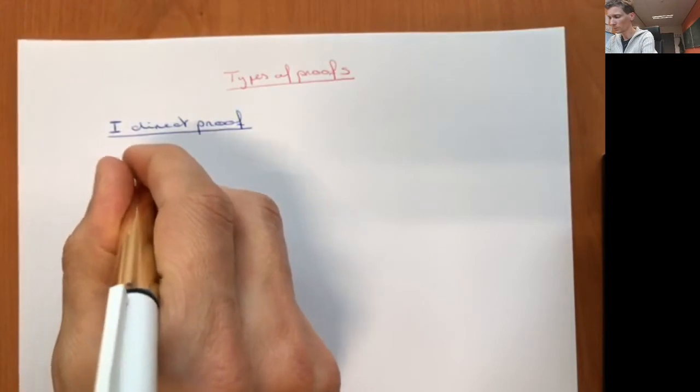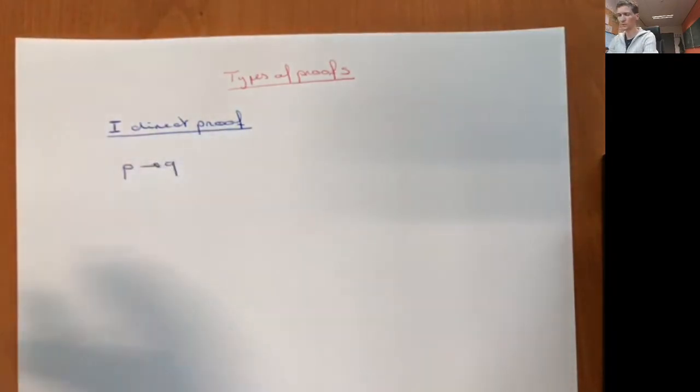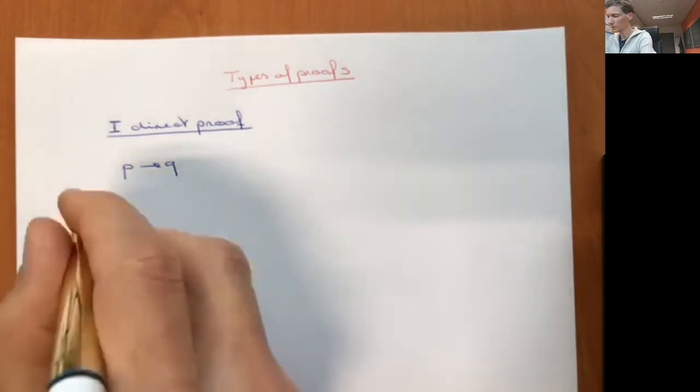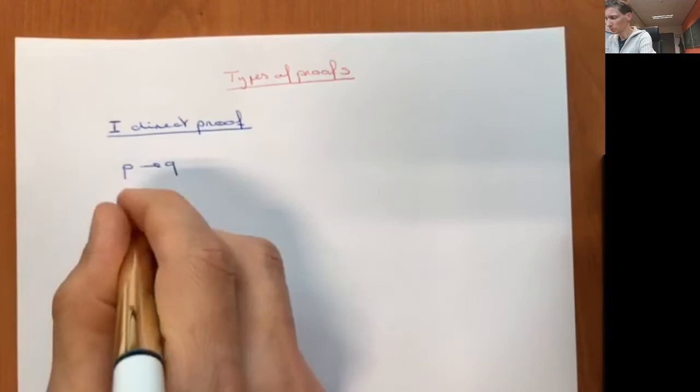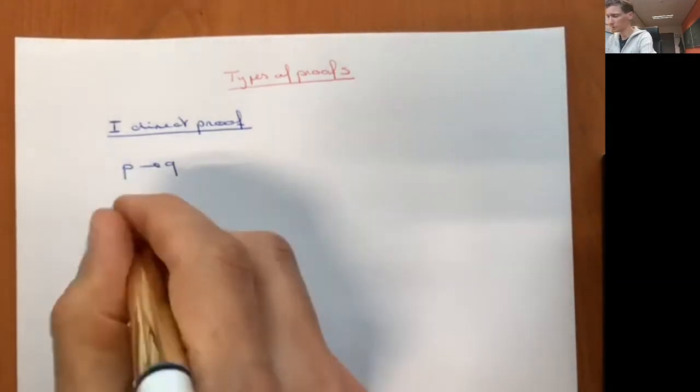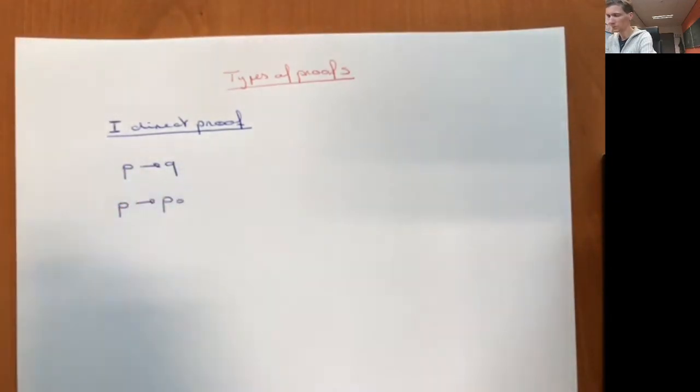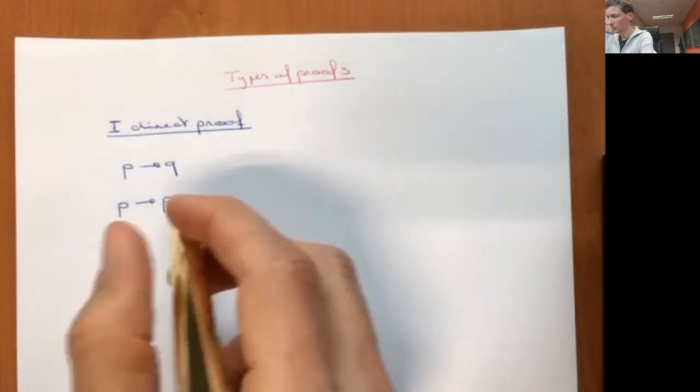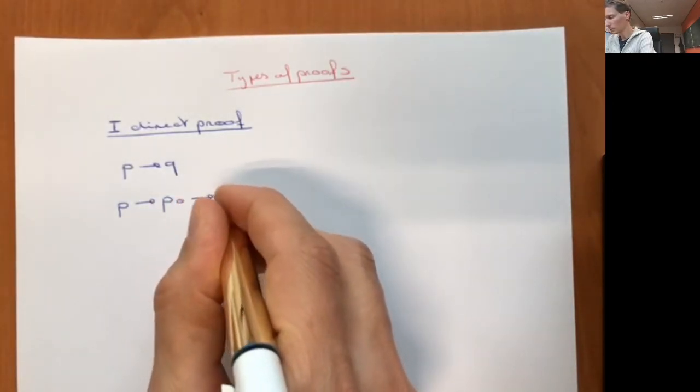Okay, so for example, assume that you want to prove that P implies Q, right? So P is a formula, Q is a formula, and you want to show that P implies Q. So what's a direct proof? Well, a direct proof first, for example, shows that P implies some formula. Let's call it P0. Okay, so that's the first step. And then in the second step, you show that P0 implies some formula.